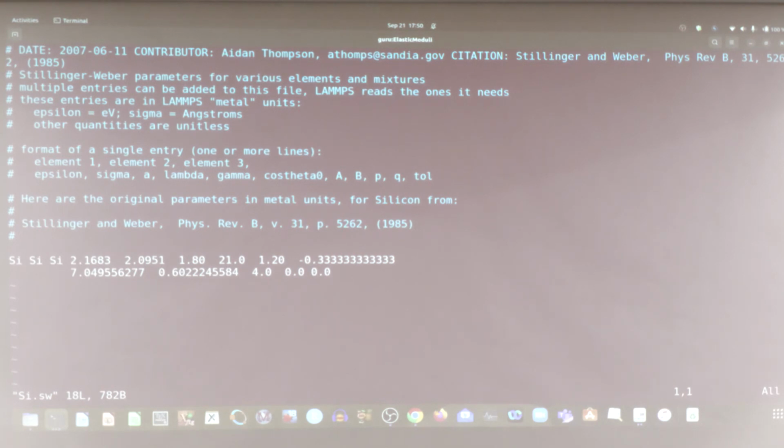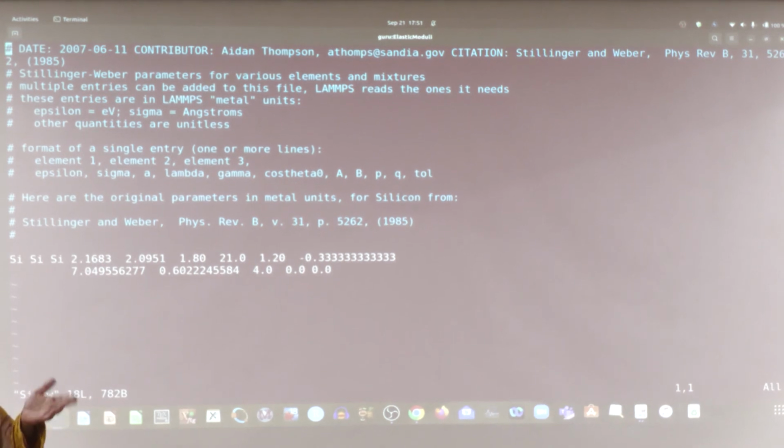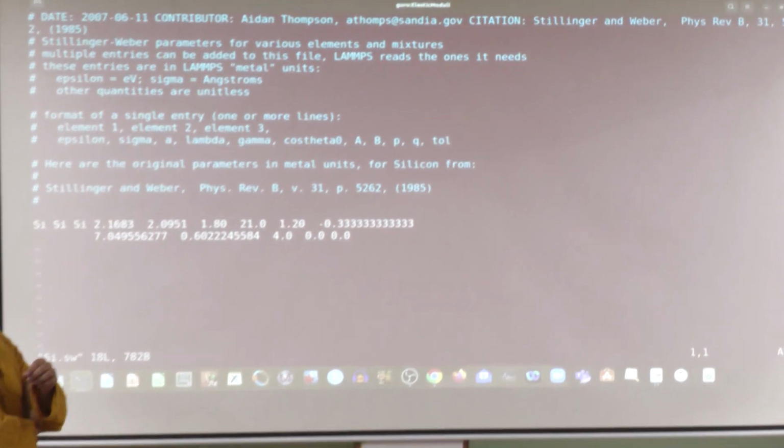Yep. So I went through the other EAM potential as well. Time probably won't permit, but can you go through the potential file? Yeah, we will go through. In fact, in some papers, they will just give the parameters.